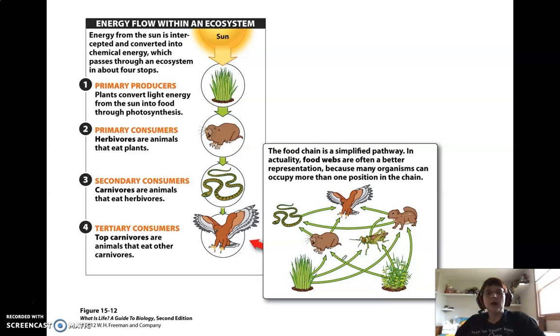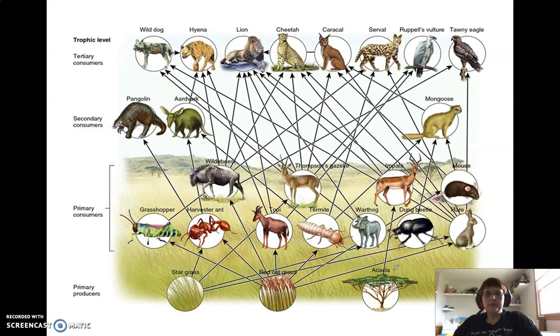You also can go grass to grasshopper to chipmunk to hawk. So you get multiple pathways. Now you've got the chipmunk that can be eaten by the snake. And so these food webs are actually a better representation, because it shows us that there are multiple pathways for these interactions to happen. So let's take a look at a more typical food web.